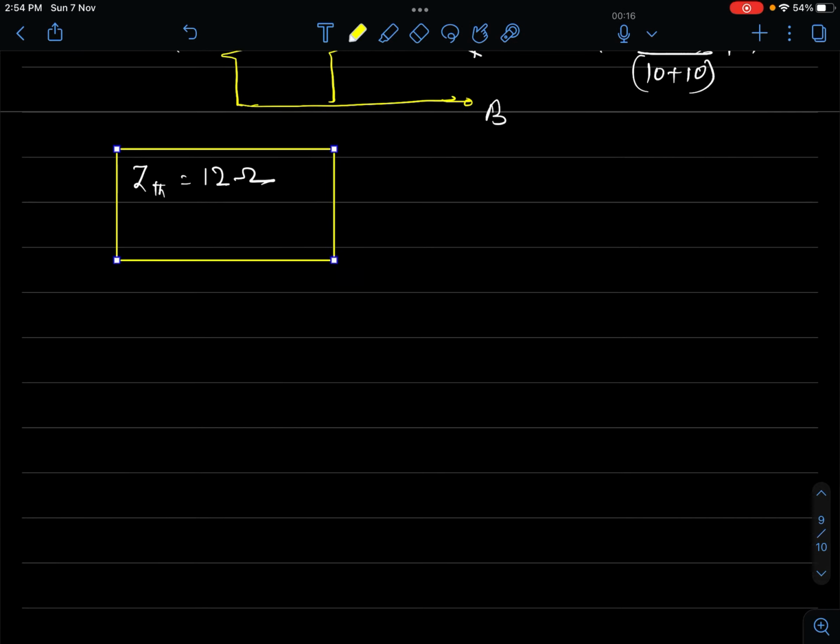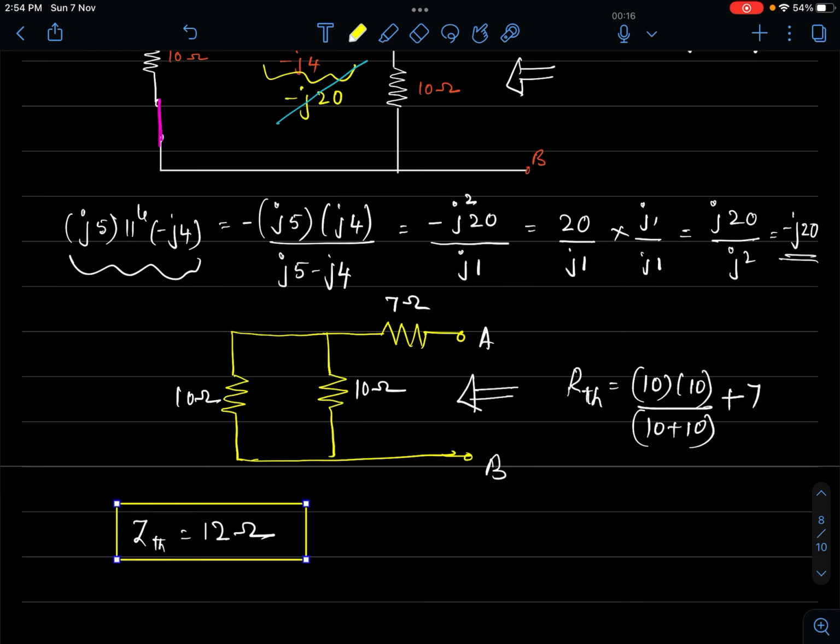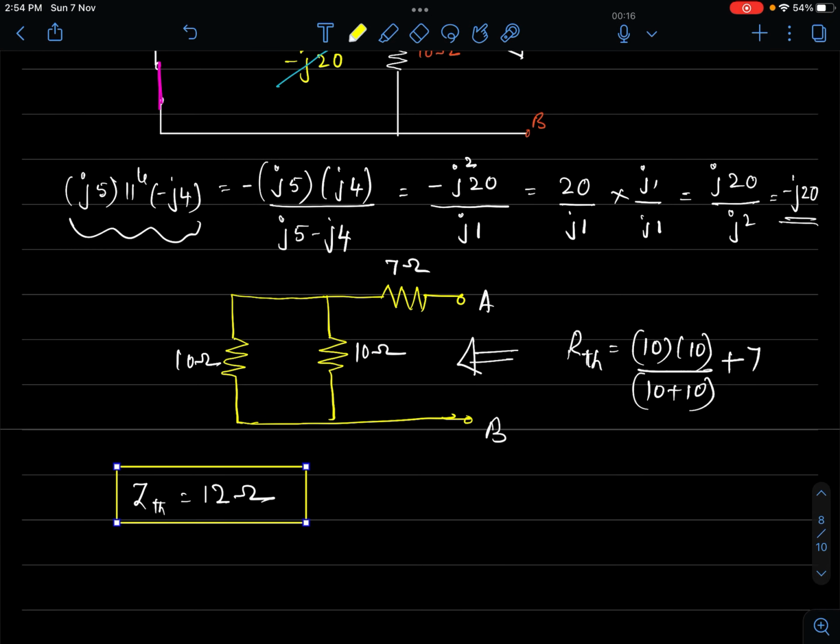So my source resistance is simply 12 ohm. So my load has to be 12 ohm, right? For maximum power transfer, because it doesn't have any reactive part. No imaginary part. If there is an imaginary part, then we could have thought of the conjugate. Now there is no question of conjugate in this case.